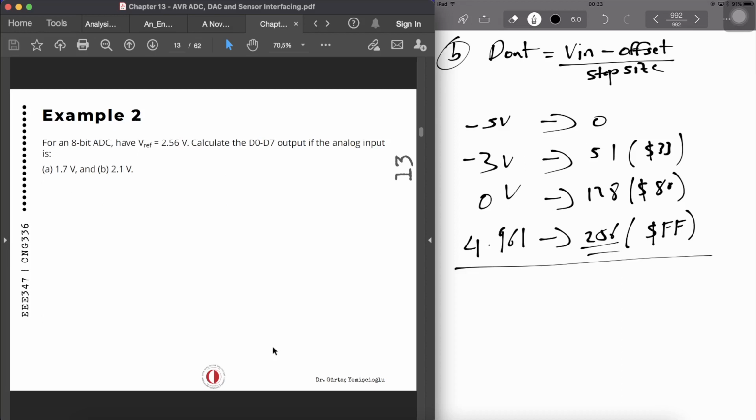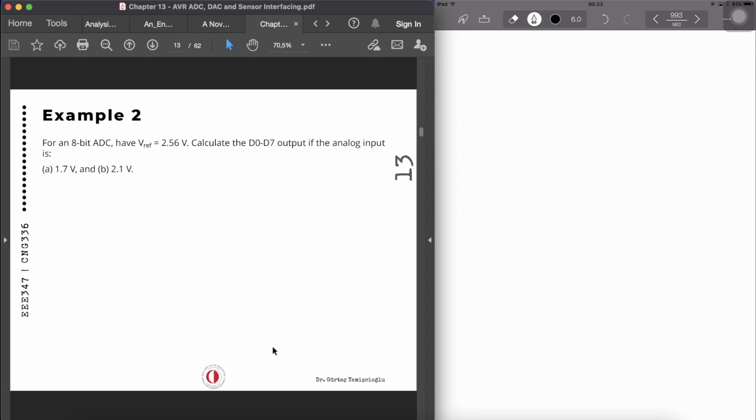Example 2: an 8-bit ADC has VREF of 2.56 volts. Calculate the D0 to D7 output if the analog input is 1.7 volts and 2.1 volts. Now, we know the voltages again, and we need to calculate the outputs. The VREF is given as 2.56, and we can assume the offset to be 0.